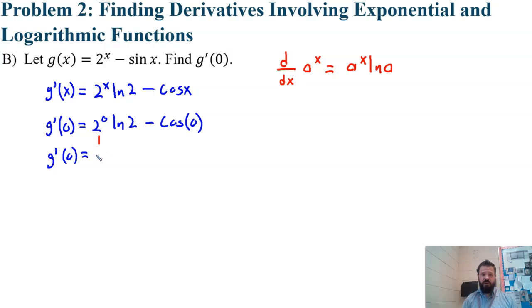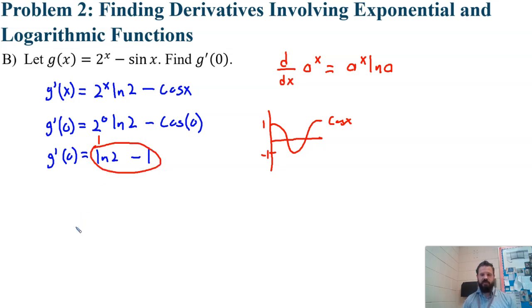So this first term just turns into an ln 2. And then minus cosine of 0. Remember, our cosine function goes like this, which is at a 1 at x equals 0. So that'd just be minus a 1. There's my exact answer for this one.